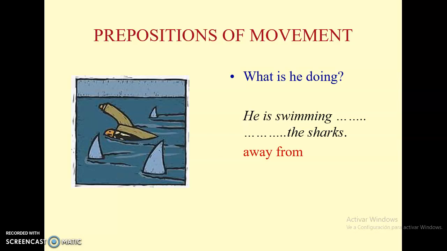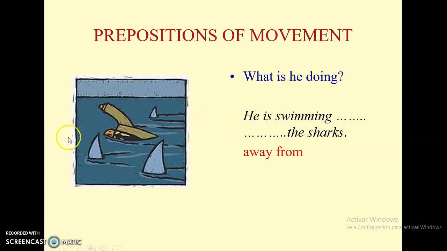I'm talking about moving away from, which means that we're going to indicate that there's a starting point, of course. For example, the starting point would be the sharks. And if I say away from, it means that I am going in the opposite direction of the sharks, right?